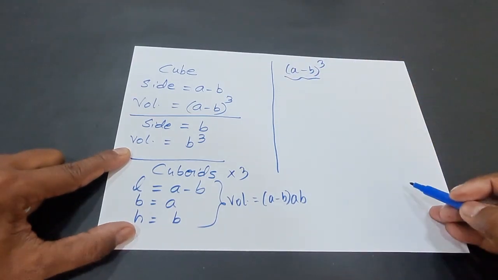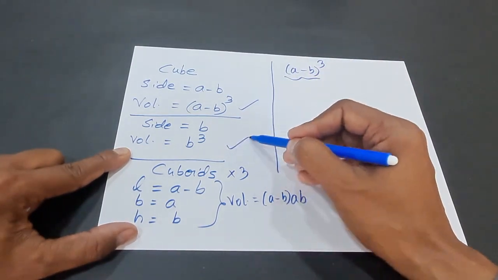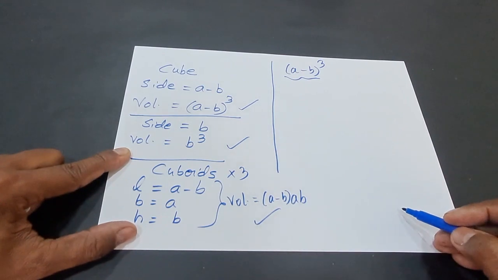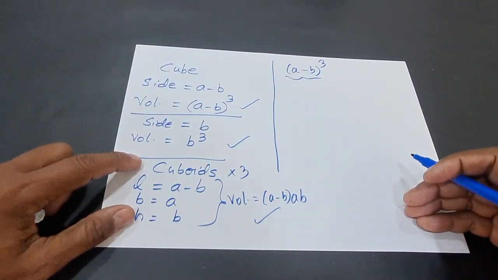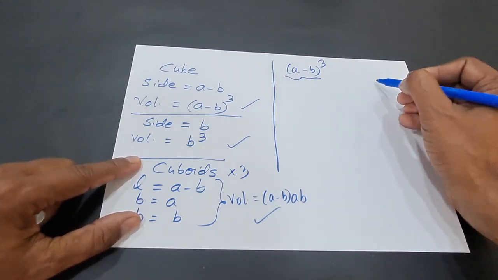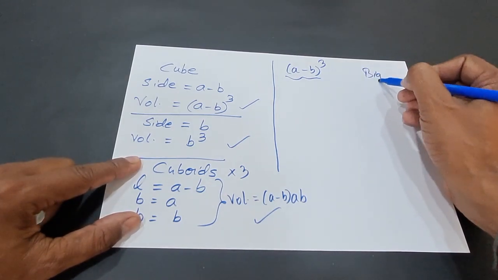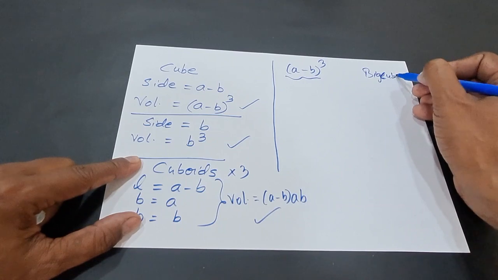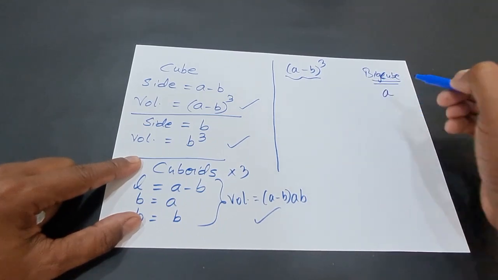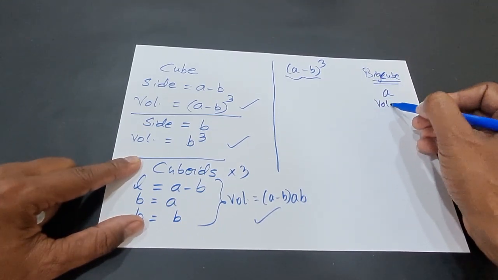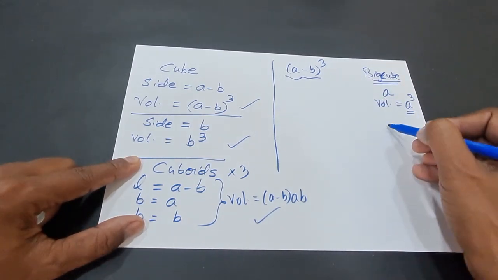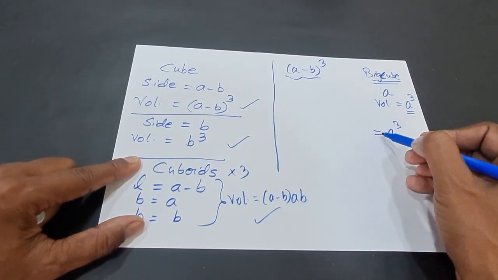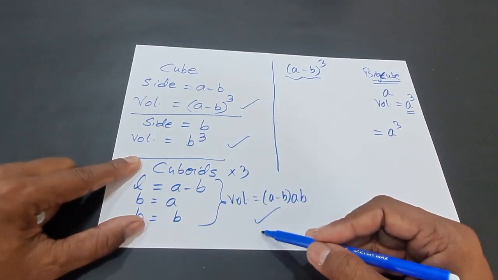How do we do this? If you add all these volumes, you will have a big cube whose side will be a. So the side of the big cube which you will obtain will be a, and therefore the volume of the big cube will be a cube, and that volume a cube will be obtained when you add all these three volumes.